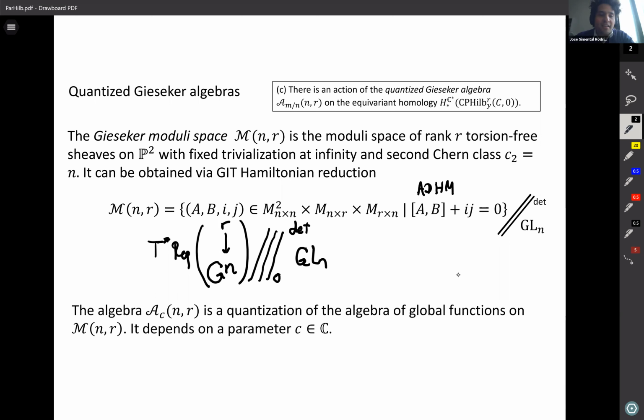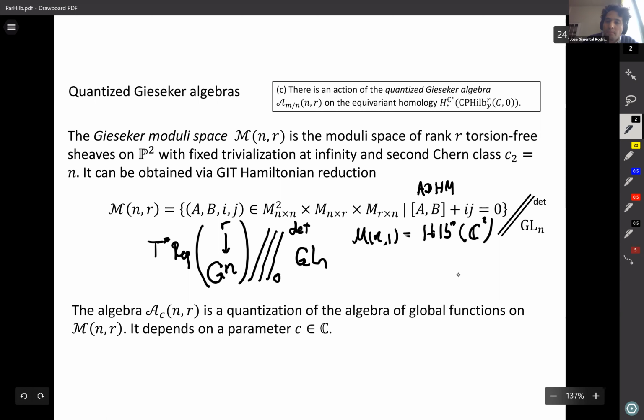So this is a quiver variety for the framed Jordan quiver, essentially. For example, when R is equal to 1, I have that M(n,1) is the Hilbert scheme of n points in C2. That's the linear algebraic description of the Hilbert scheme.